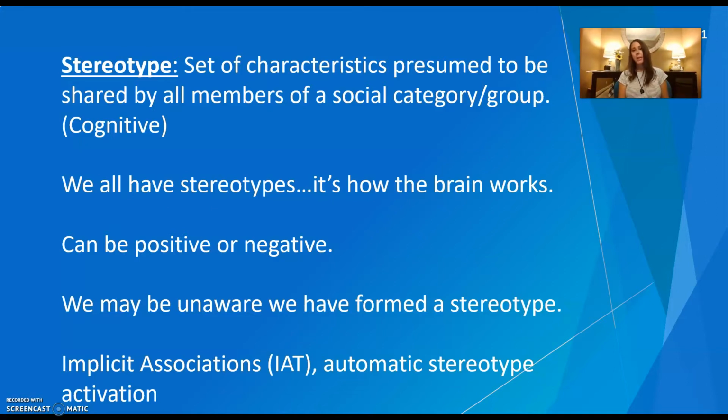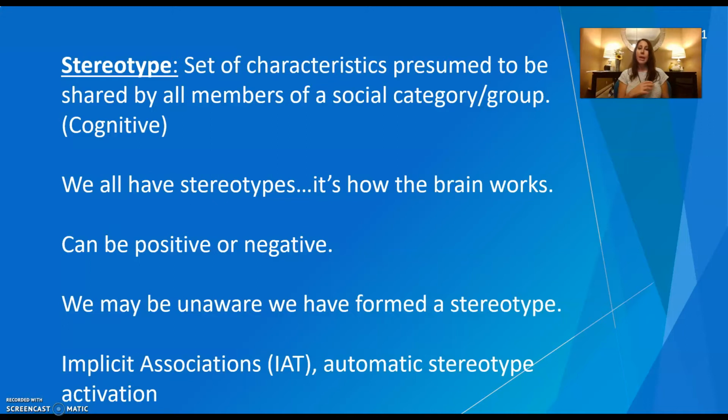And that's basically saying, because of the way that our brain categorizes things, these are going to come up automatically without any cognitive effort on our part. Now, there's some really interesting research about if you can change or overcome a stereotype. And the answer is, yeah, you can. But it takes a lot of mental effort. There's actually quite a few cognitive and mental exercises that you have to go through to get there.